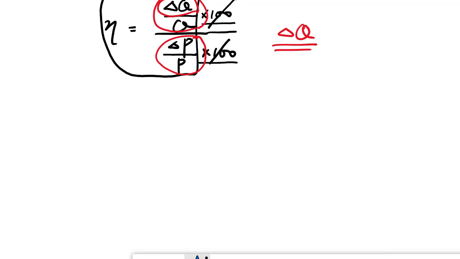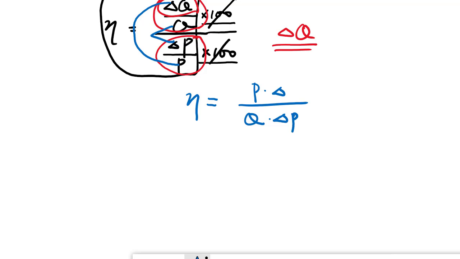If I rearrange this definition, I can multiply these two that are close to each other and put them in the bottom here, Q delta P, and also multiply these two terms that are far from each other and put them in the top of the new fraction, which is P multiplied by delta Q. So basically the definition of price elasticity of demand is the product of price over quantity and the change in quantity demanded over change in price.